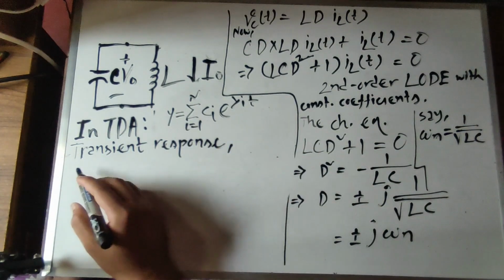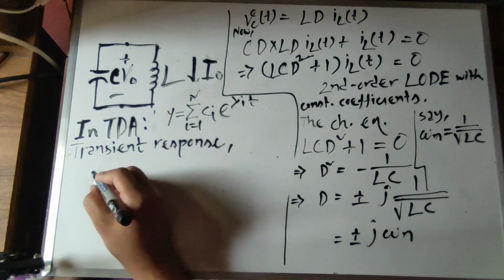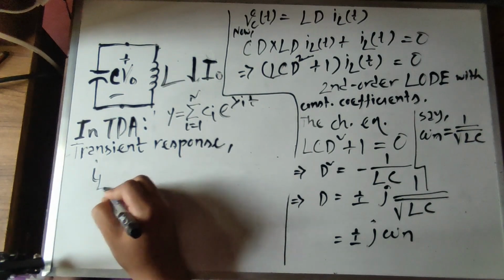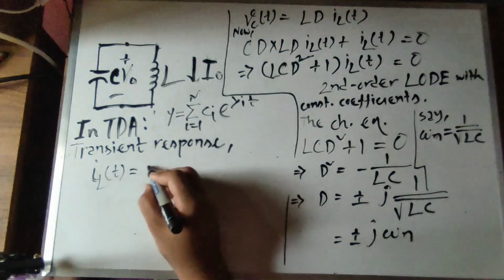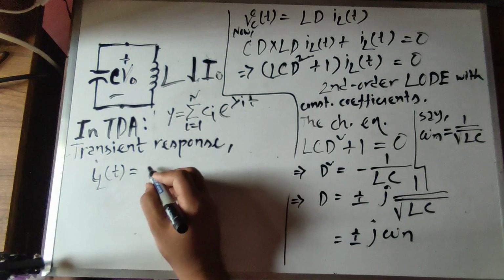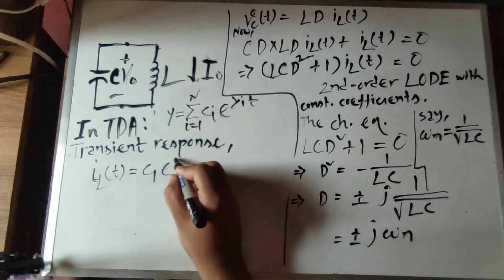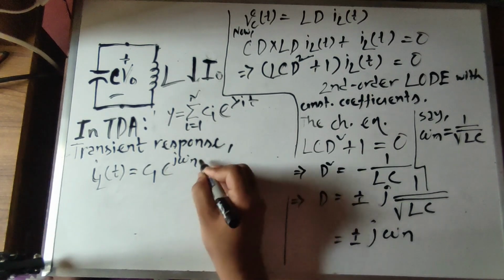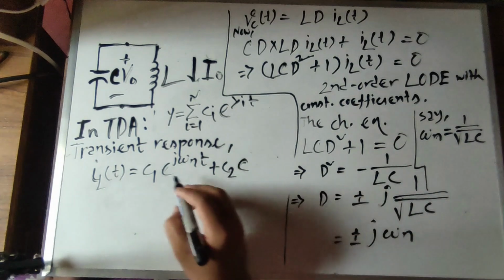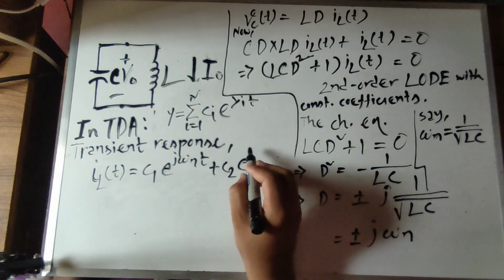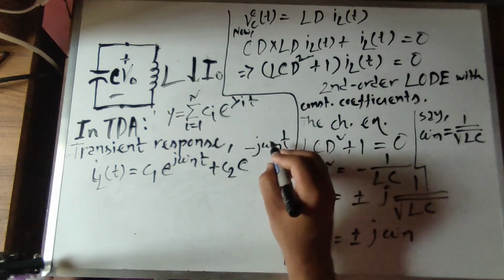So the transient response for the LC circuit will be, current IL t equals C1 e to the power j omega n t plus C2 e to the power minus j omega n t.